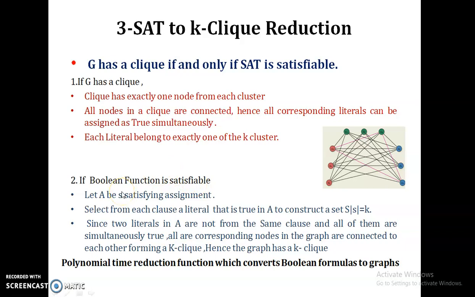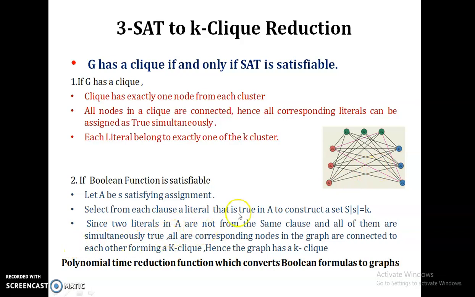And vice versa, we can also say that if the Boolean function is satisfiable, let A be the satisfying assignment, then select from each class a literal that is true in A to construct a set S of K vertices. That means the number of vertices should be K, right?